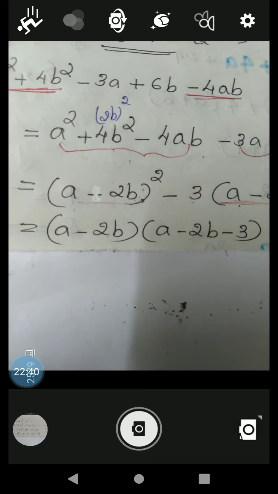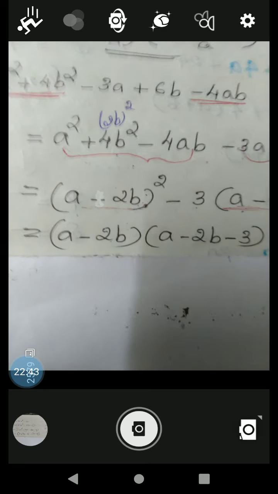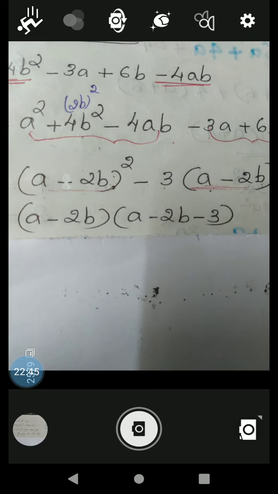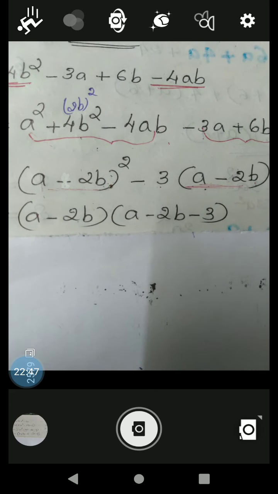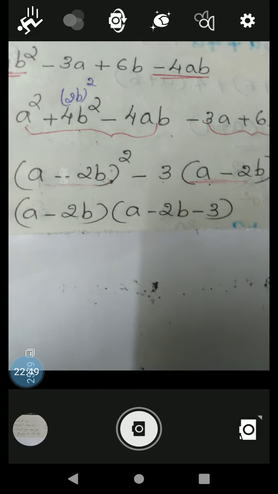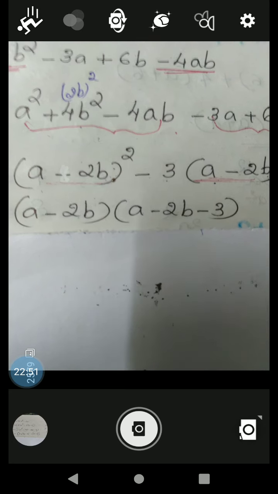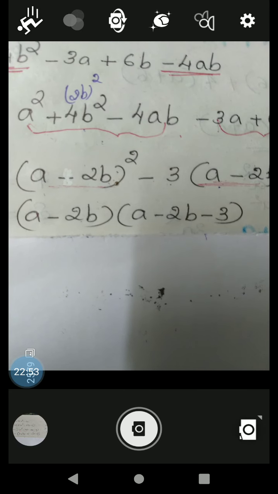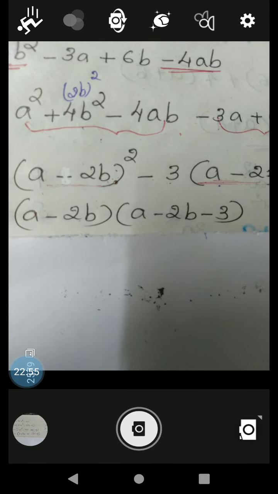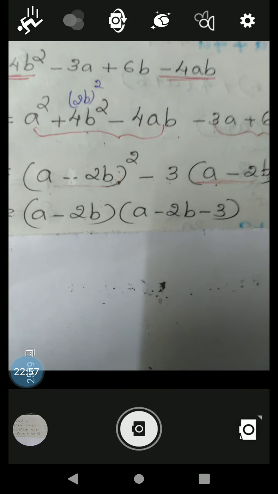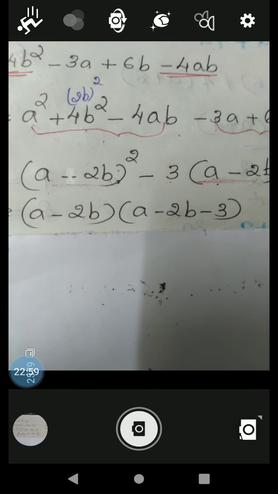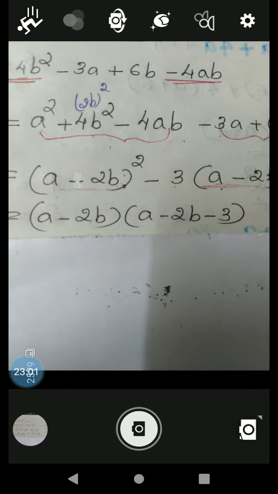And we have learned two methods: factorization by taking out the common factors outside, then factorization by the grouping method. So do all these questions once again, and let me conclude. Okay, thank you.